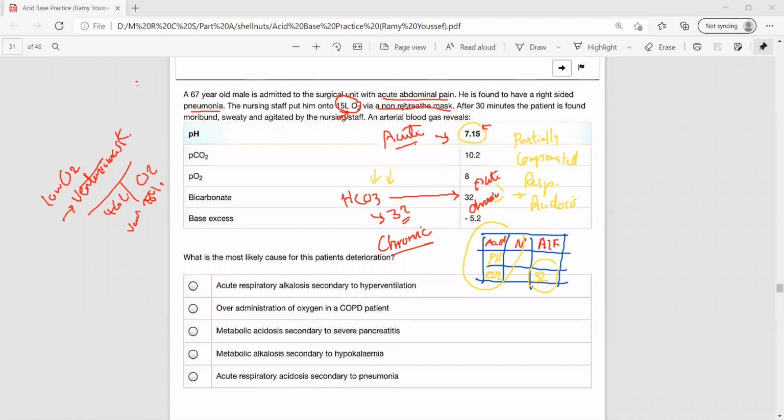I can't give him a non-rebreather mask, because this means he's taking 100%. No, I give him a Venturi mask at a rate of 28%. Okay, forget about all of this.